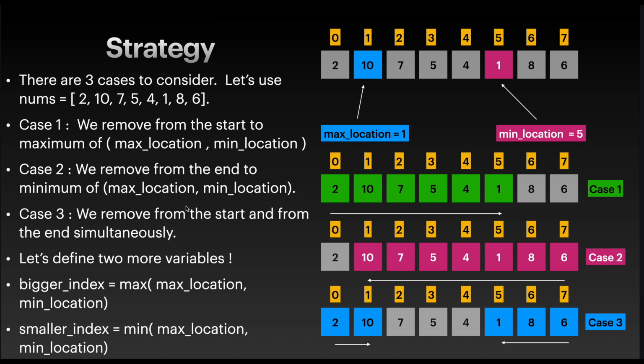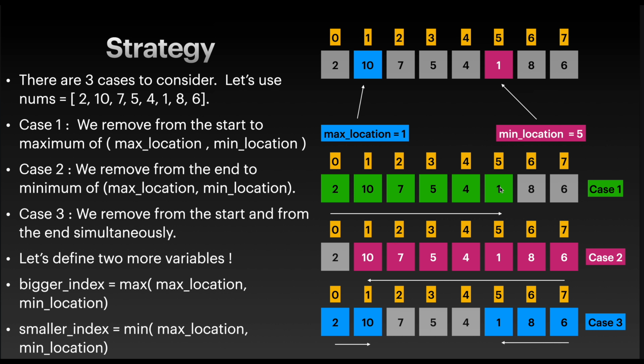The first case is that we start from the beginning. We pop all the numbers, removing them until we reach either max location or min location.